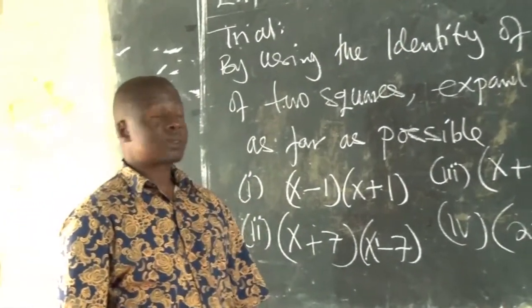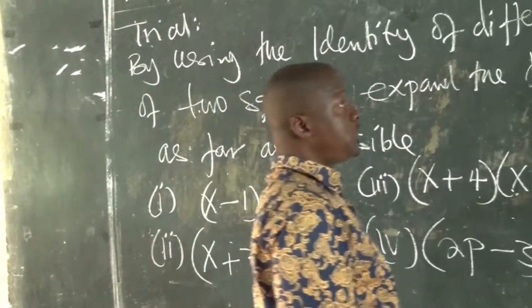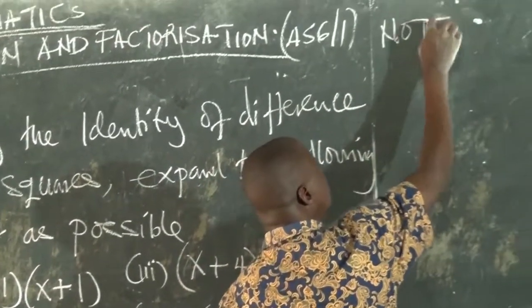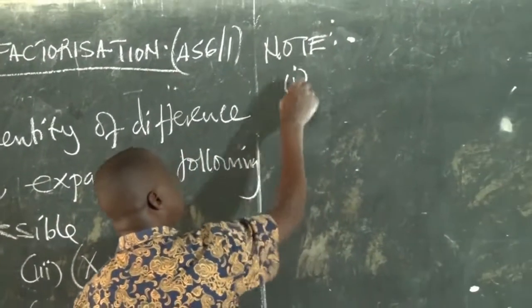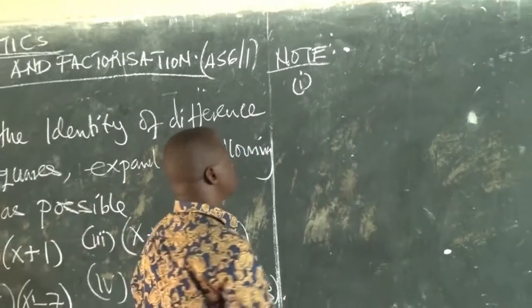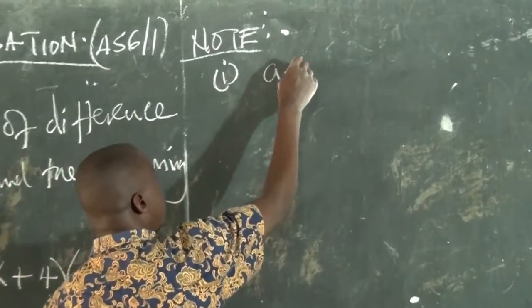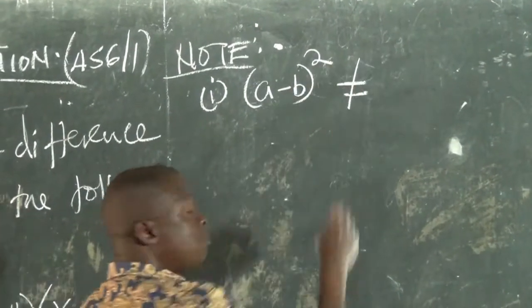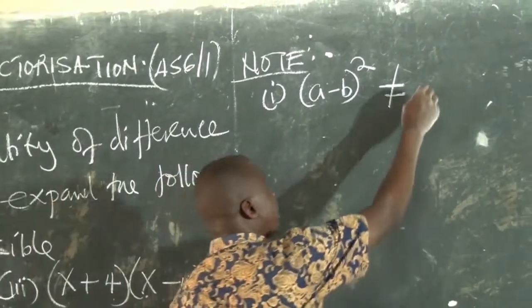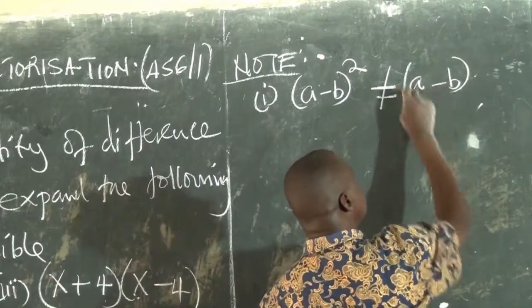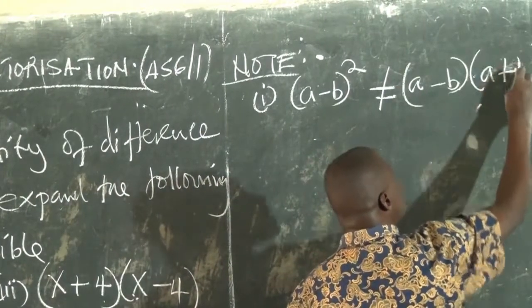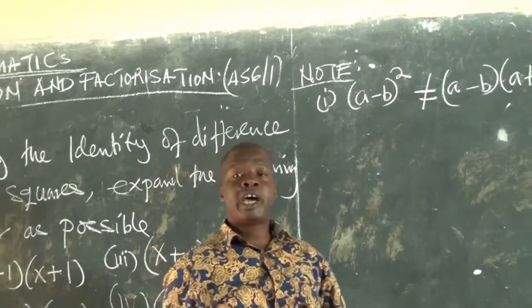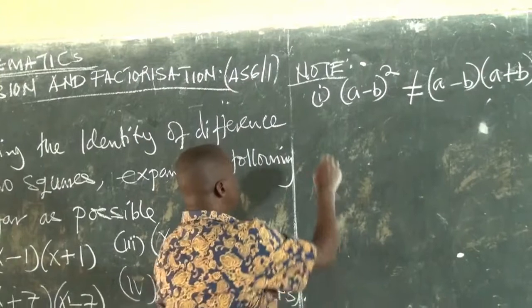Dear students, I want you to note this. a minus b squared is not the same as a minus b and a plus b. These are 2 different identities.